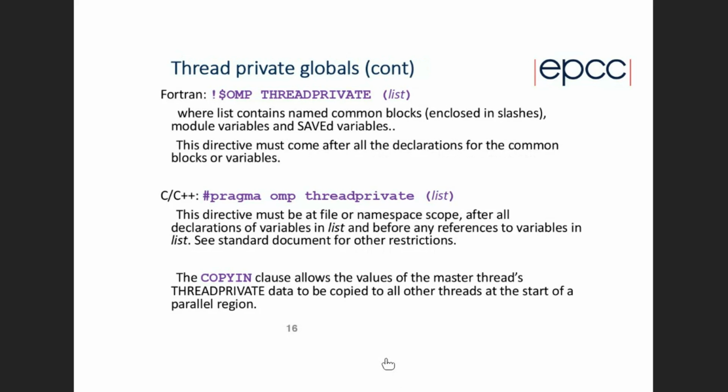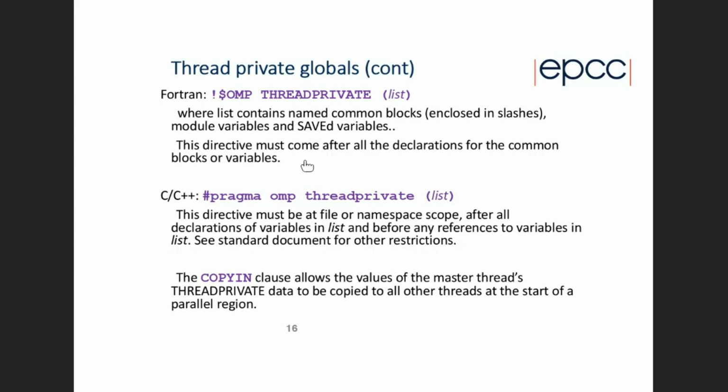So how do we do this? This is a directive that belongs together with the declarations. In Fortran, we can do OMP threadprivate and then a list of things, where things may be common blocks or module variables or variables with the save attribute.